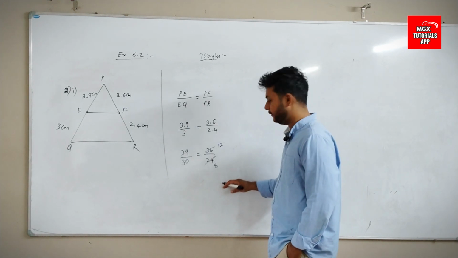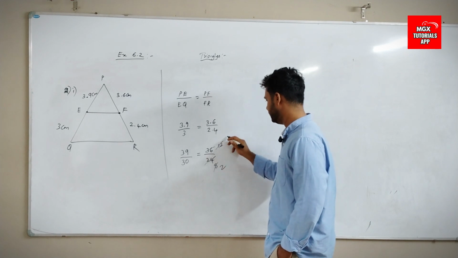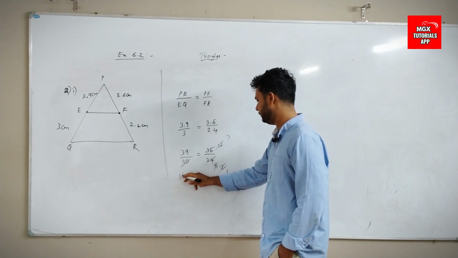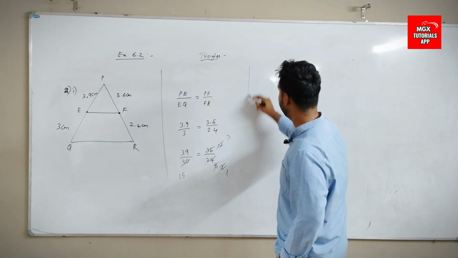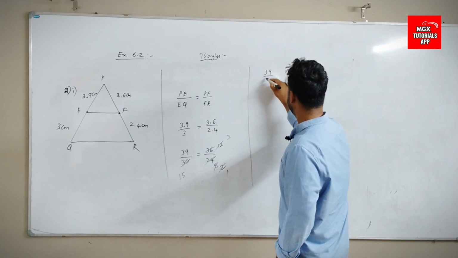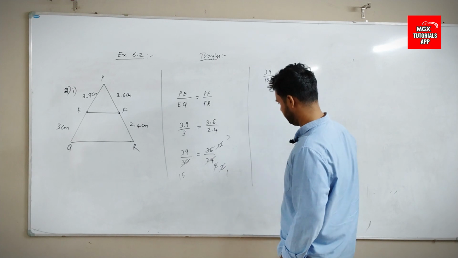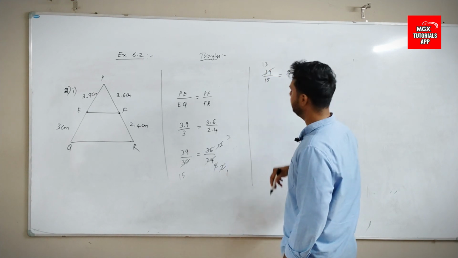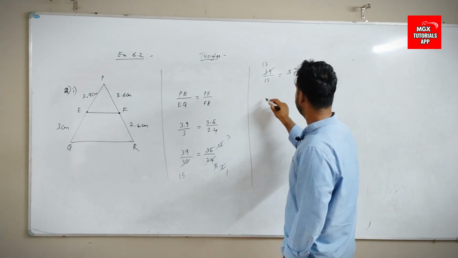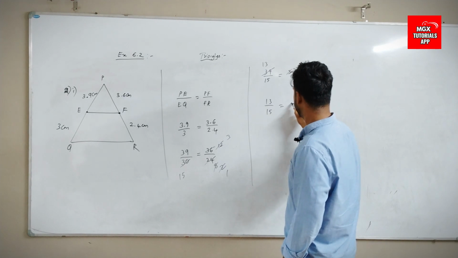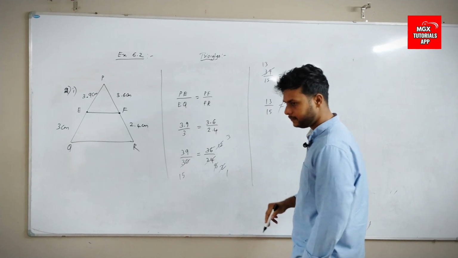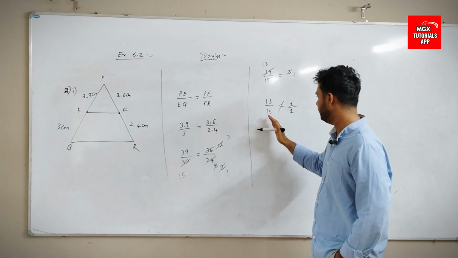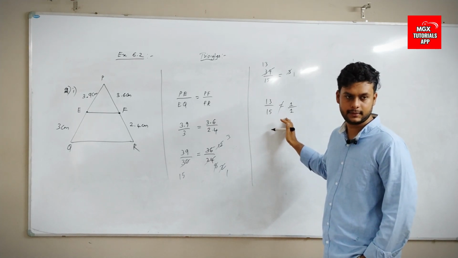Further, 4 twos are 8, 4 threes are 12. 39 by 30 reduces to 13 by 10, and 36 by 24 reduces to 3 by 2. So 13 by 10 is it equal to 3 by 2? It is not equal. Getting or no? So I didn't get both same answers here. LHS is not equal to RHS.